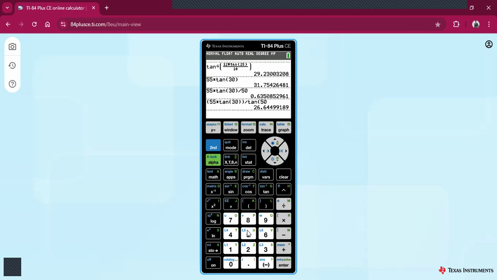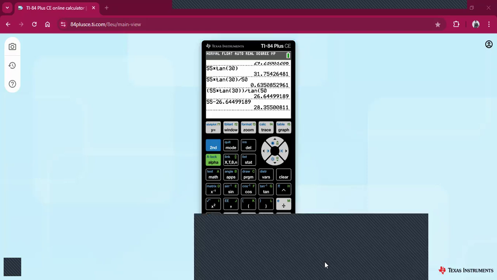So we'll say the value of Q will be 55, subtract this answer we have. So you go up and select it, and then you have the answer. So you get 28.355, which is 28.4 to 3 significant figures. So we're going to write 28.4 as our answer.